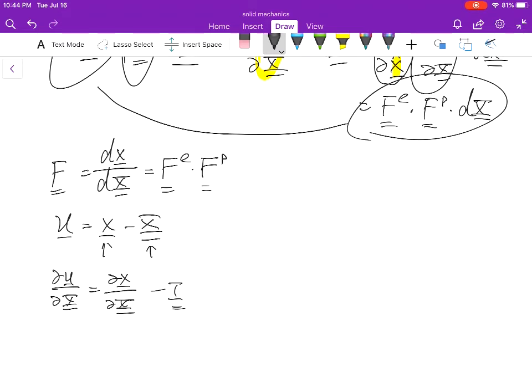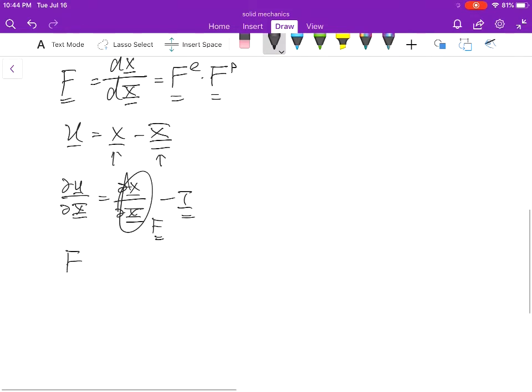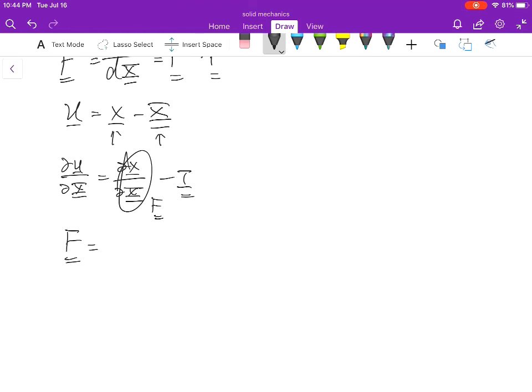So this is F. So we have F equal to partial u partial x plus I. From this we can see that even though the strain and stress are 0, the displacement is not necessarily 0.